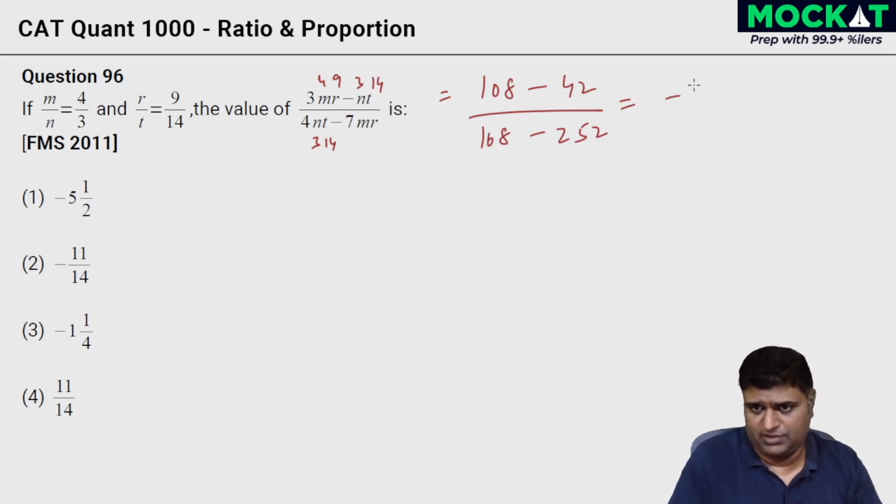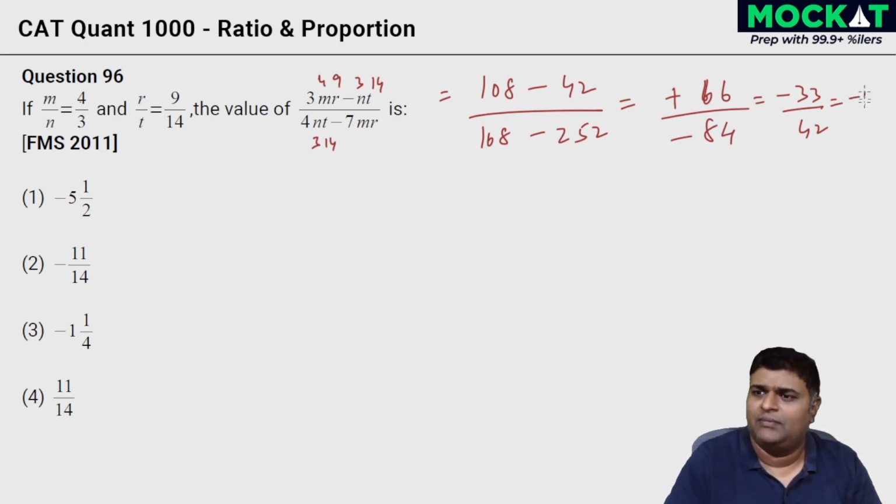Subtracting, 108 minus 42 is 66, divided by, if you subtract this, you get 168 minus 252, which comes to minus 84, right? What are they divisible by? Just a 2. So we get 33 divided by minus 42, but it's also divisible by a 3 now, minus 11 by 14, and we get the answer is option 2, right?